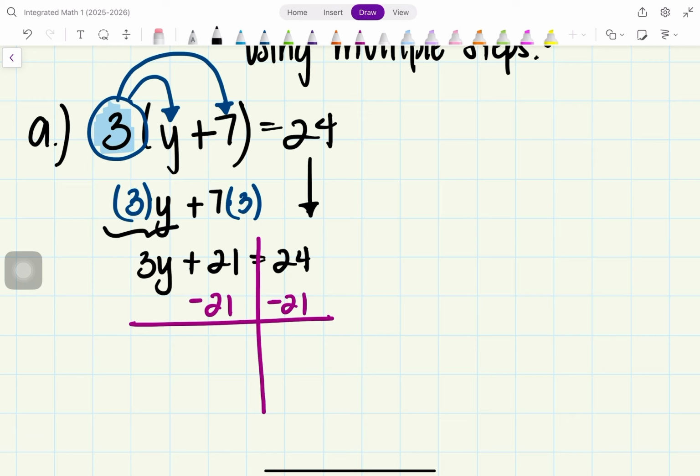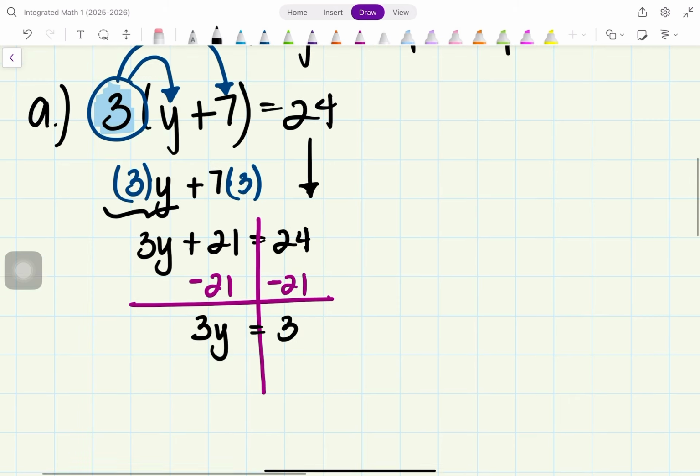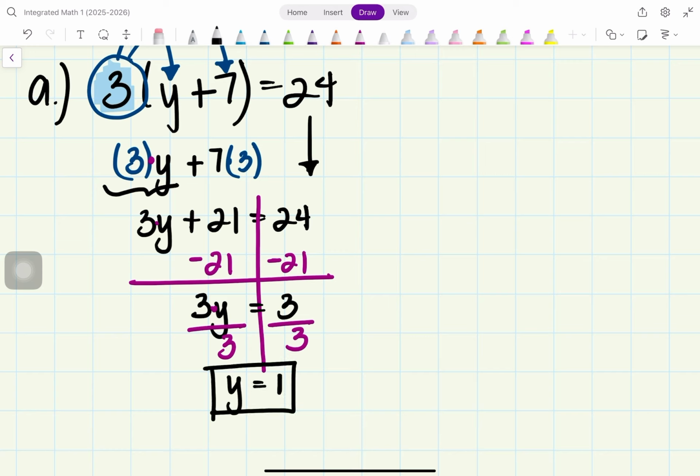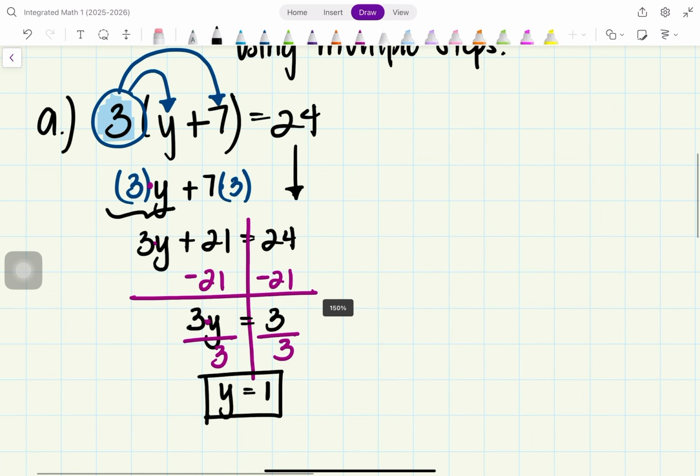That gives us 3y is equal to 3. From there, we saw that the 3 and the y were multiplying, so this is multiplication. The inverse of multiplication is division. So we're going to divide by 3 on both sides, and y is going to equal 1.